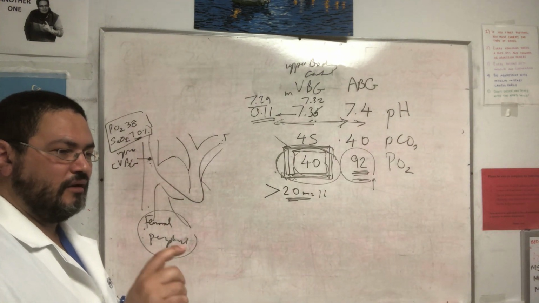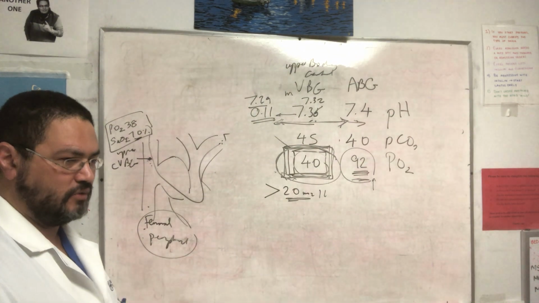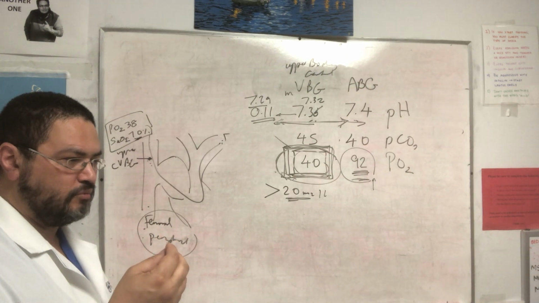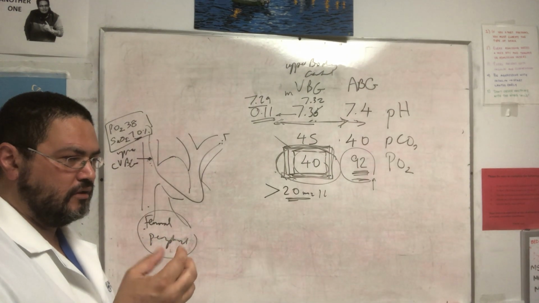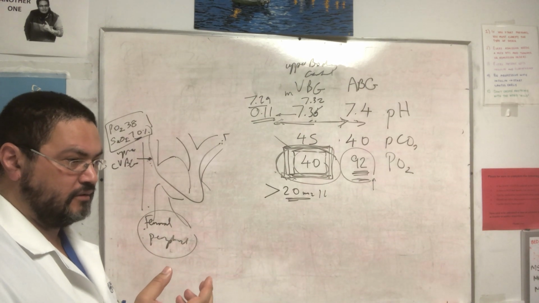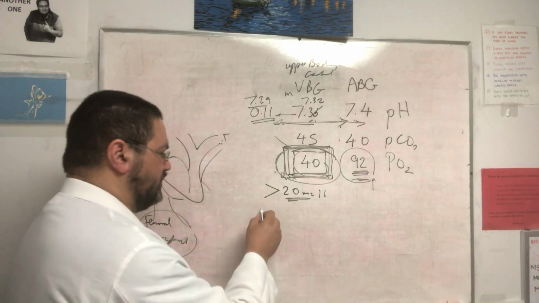This last fallacy is funny, and I'm trying with the lab to change it, but we're going to change it one day. When we report the VBG, we report which site it came from. If the VBG comes from a central line, chances are it goes in a syringe.